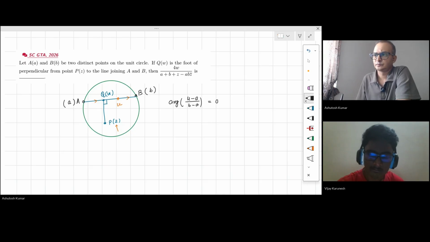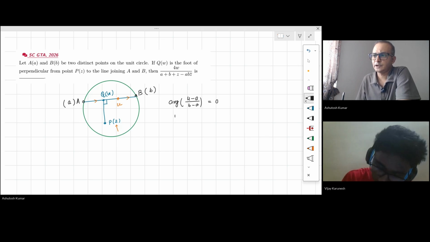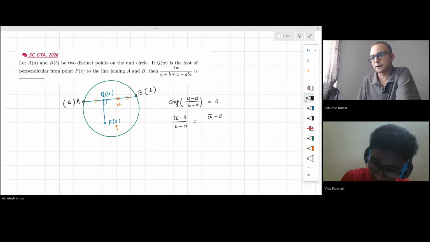So then what do we write? It means its imaginary part is 0. So U minus A by B minus A must be equal to U bar minus A bar by B bar minus A bar, correct?